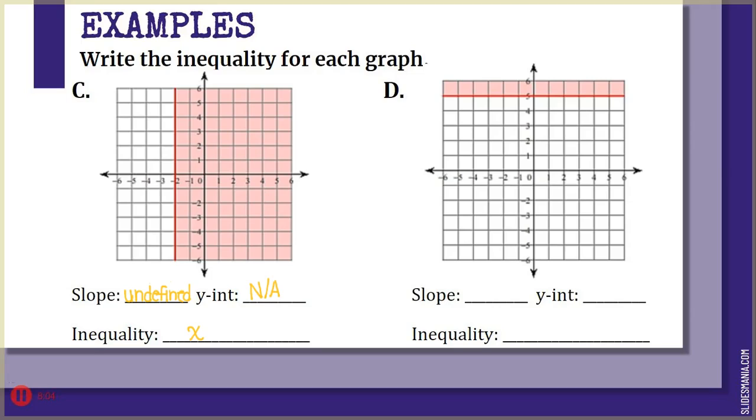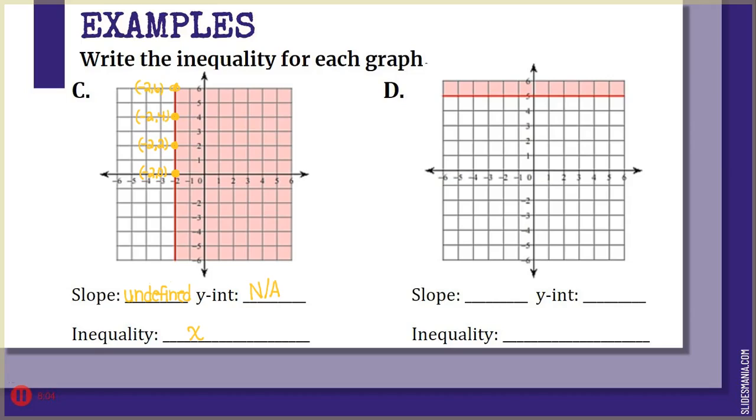That means it's always going to be x instead of a y. And in this case, if we look at our line, every single x value of every single point is negative 2. This is negative 2, 0. This is negative 2, 2. This is negative 2, 4. Negative 2, 6.